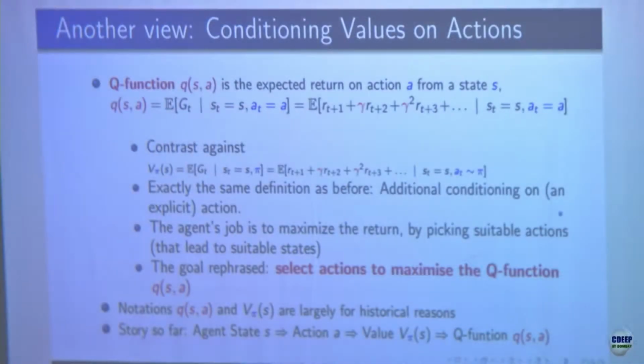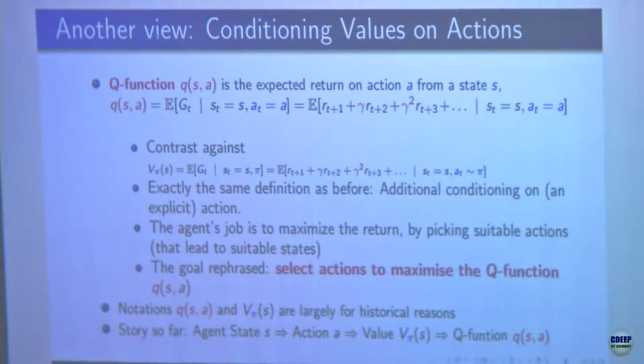Sometimes people also talk about the Q function. The Q function is the expected return on action A from state S. The value function was looking at state S. The Q function says I am going to fix state S and also the action from state S. Thereafter I am going to look at the expected cumulative reward.